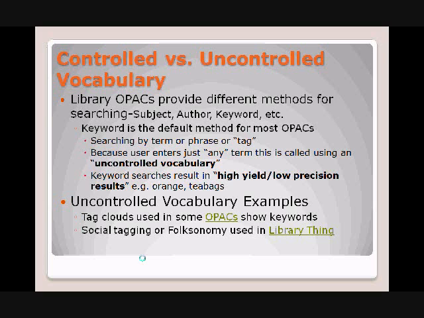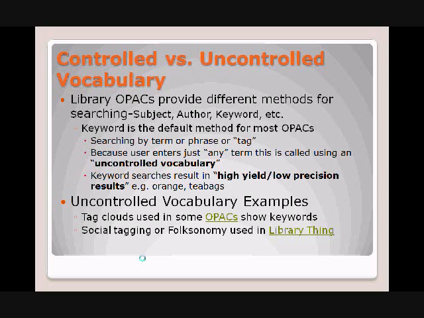Typically, as you will notice from your Google searches, keyword searches result in what are called high-yield, low-precision results. For example, if you search using the keyword orange, the search engines cannot distinguish between the color orange and the fruit orange, and so they will give you a variety of results related to both things. And that is the same for tea bags.